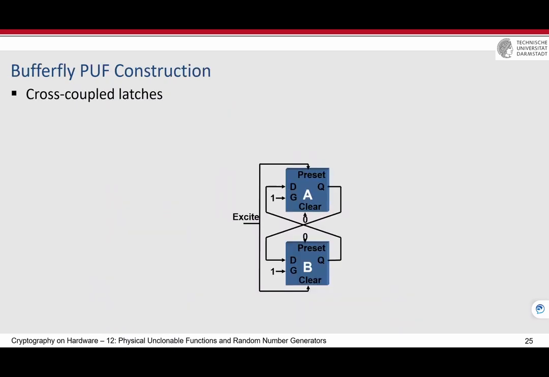And another PUF construction is called the butterfly PUF. It helps, I mean, you can implement this easily on FPGAs. The one problem of the SRAM PUF is that you cannot use it in the FPGA easily, because in the FPGAs, the block RAMs have initial values.